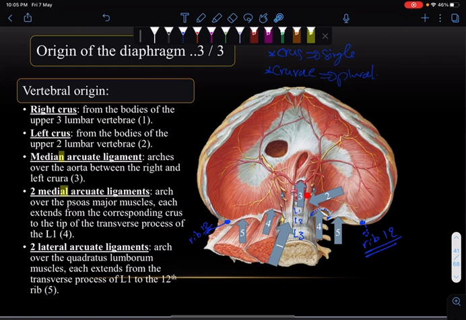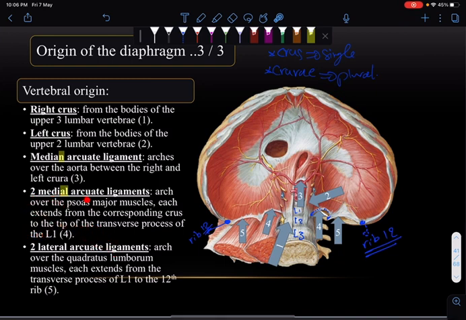As we said, a ligament overlaps the alternate muscles. So this ligament, from its name, the median arcuate ligament, arches over the aorta between the right and the left crura. Here the right and here the left. The right is longer than the left.